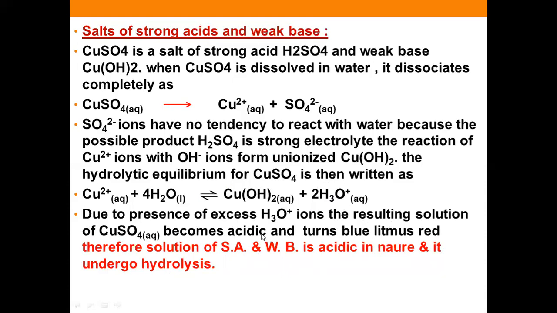And then what happens in an acid? In acid, blue litmus turns red, and therefore the solution of strong acid and weak base undergoes hydrolysis and becomes acidic in nature. This question will again be asked for 2 marks. Explain the salt of strong acid and weak base is acidic in nature or it undergoes hydrolysis.